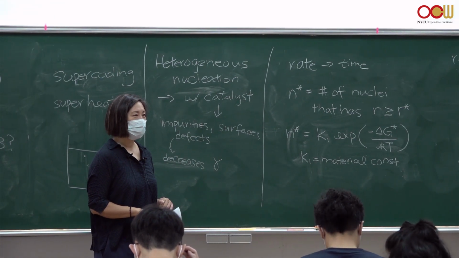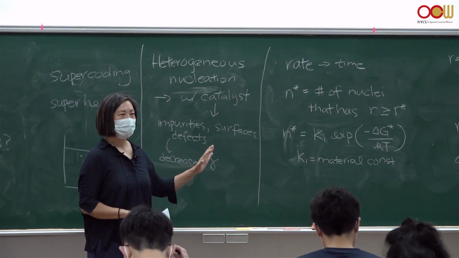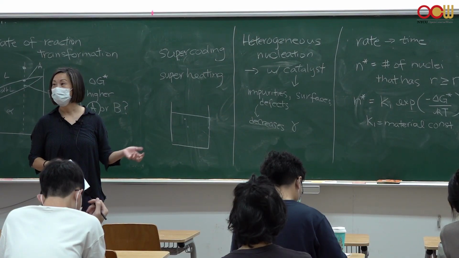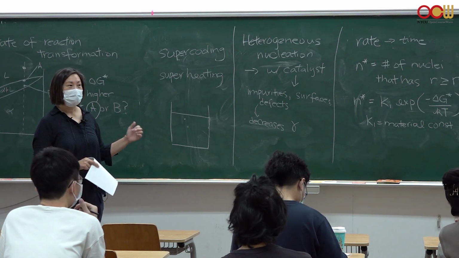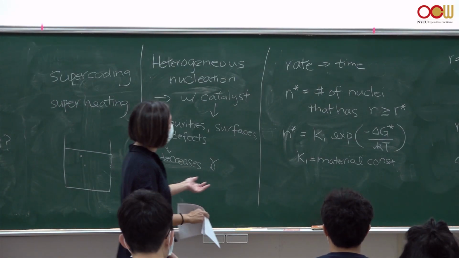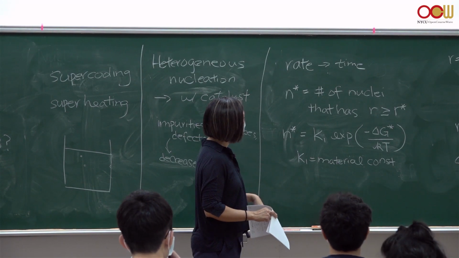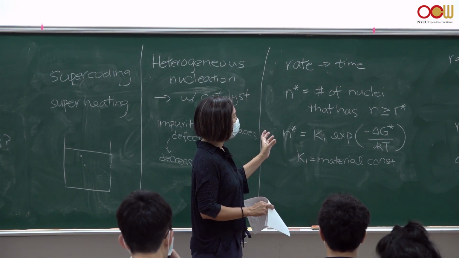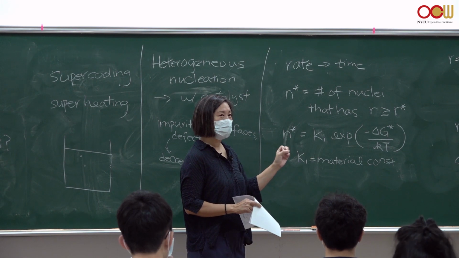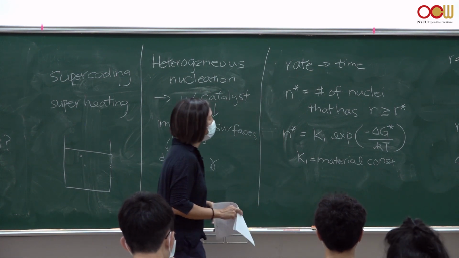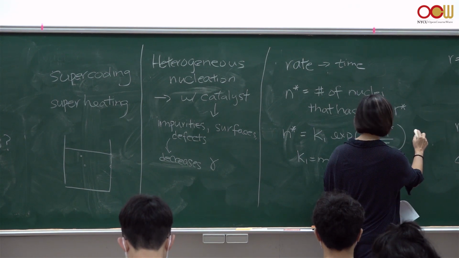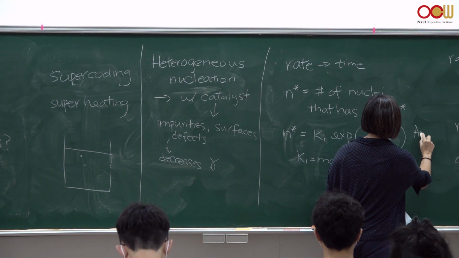We've seen it a couple times before. Where else have you seen this kind of equation? When we talked about our diffusion coefficient and our diffusion energy, the rate of diffusion. So this is where our rate comes in. The number of nuclei that have the required size to grow is a function of this, and time is embedded in this area. So this is an Arrhenius equation.